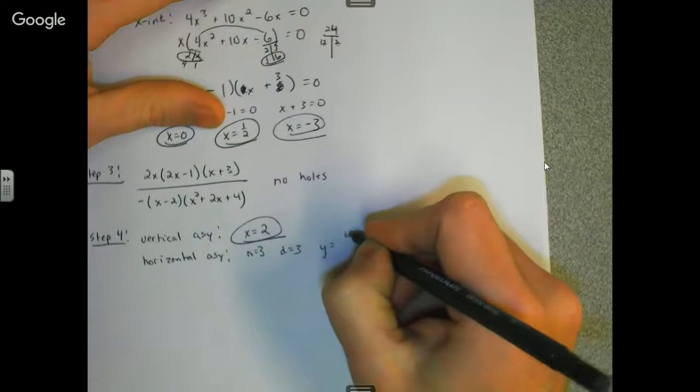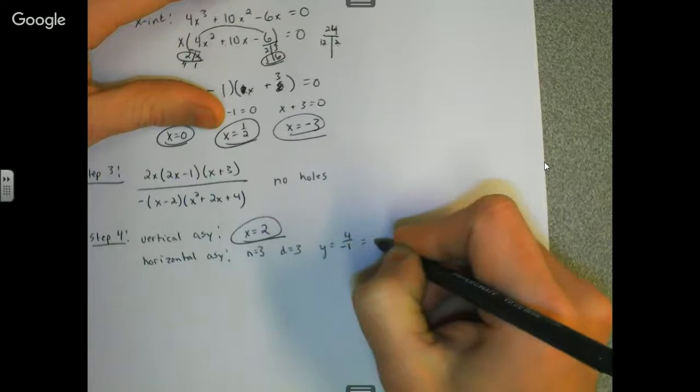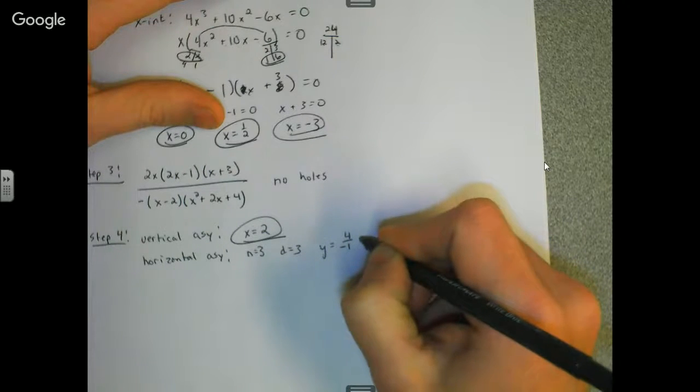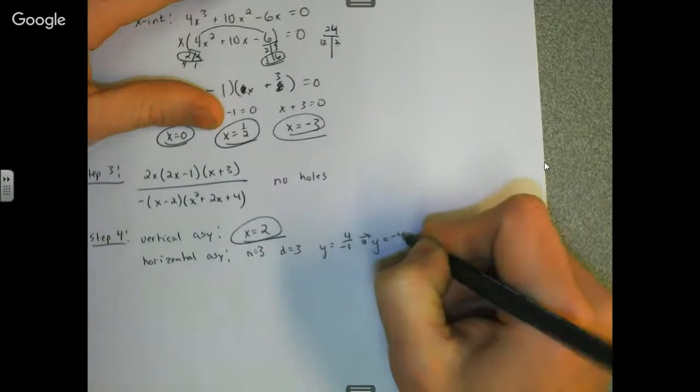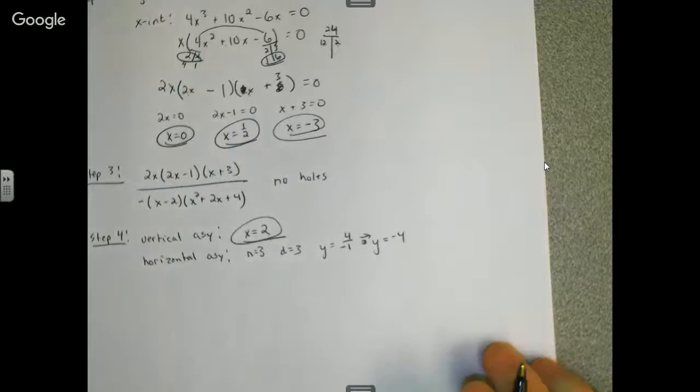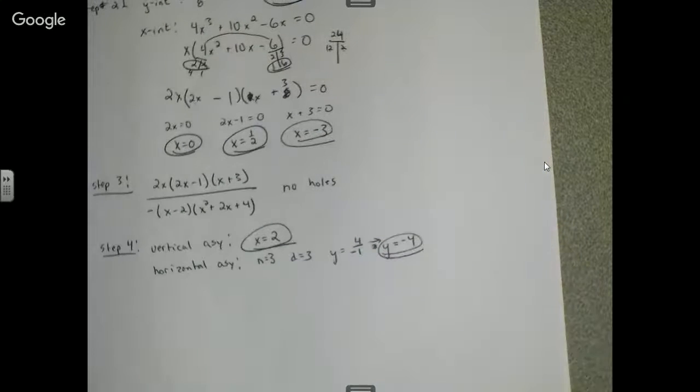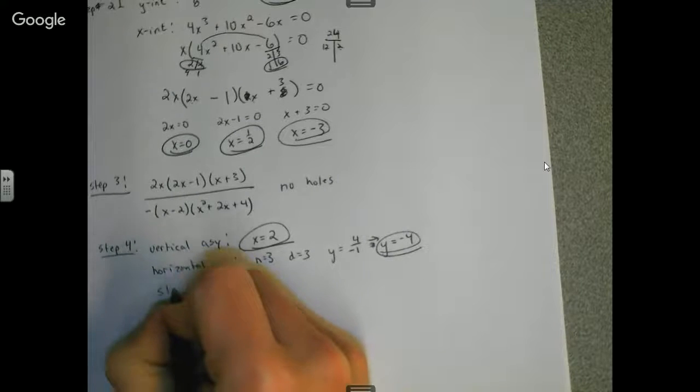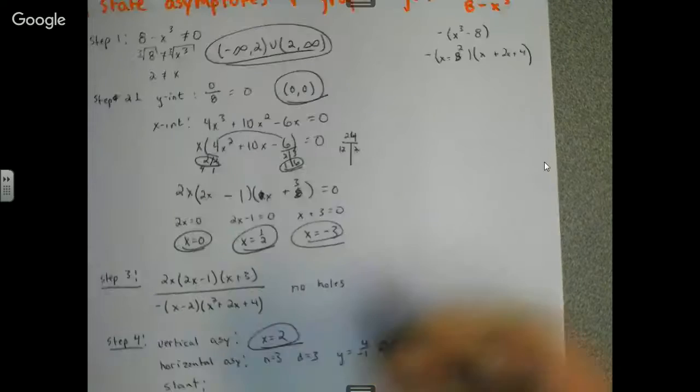So you have 4 over minus 1, which means y equals minus 4 is your asymptote. And slant, well, since they have the same degree, they're not differed by 1, so there is none.